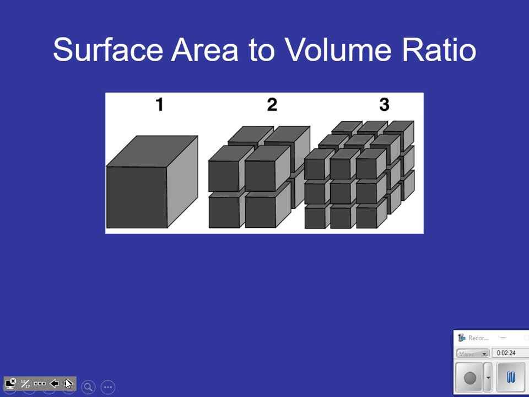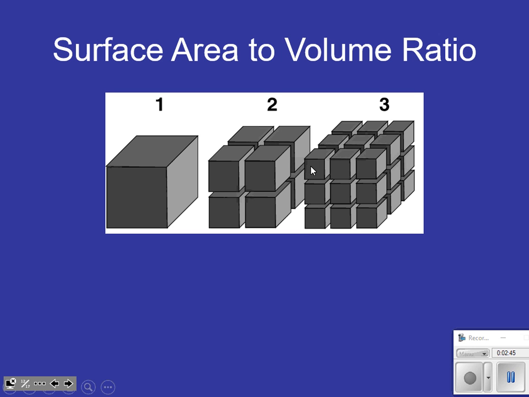Right here I have three different types of blocks. We're going to look at block number one, then one of these individual blocks, and then one of these individual blocks.